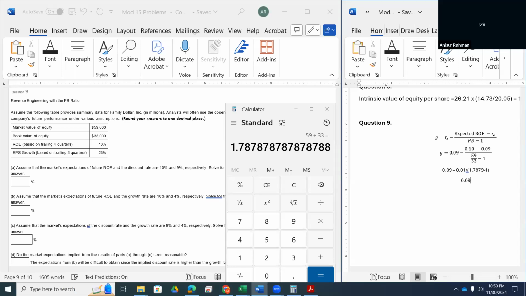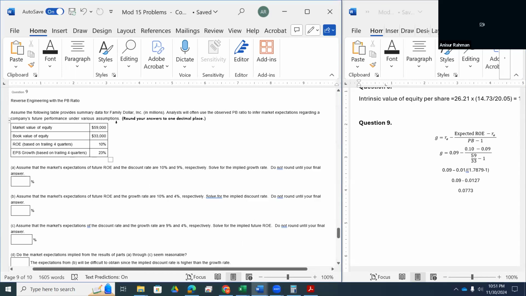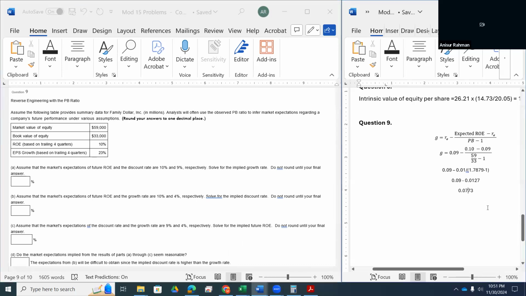So 0.09 minus 0.01 divided by 0.7879, and using 1 decimal place, 7.7%.